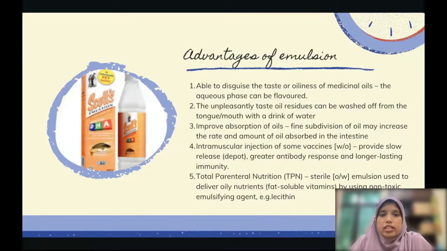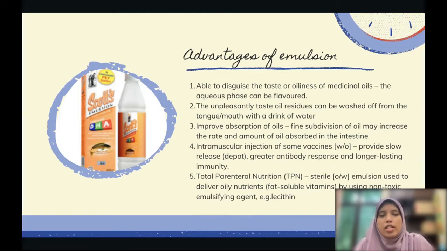Advantages of emulsion can be described as follows. By formulating an oil into an emulsion, we would be able to disguise the taste or oiliness of medicinal oil. As an example, if you want to take fish oil as it is, the taste is not acceptable to many patients, especially children.